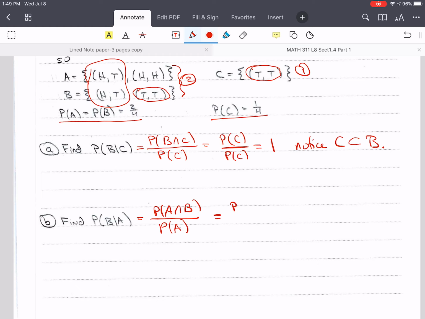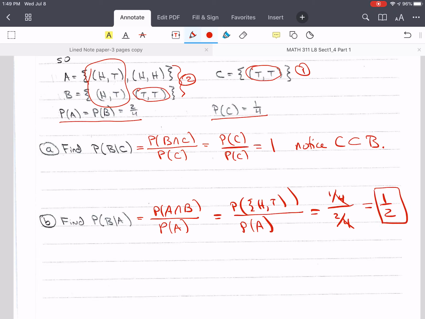So this is the probability of the set heads, then tails, divided by the probability of A. And we said the probability of A is 2/4, and the probability of heads and then tails is 1/4. And so the fourths cancel because they're both the same denominator, and we end up with 1/2. All right.